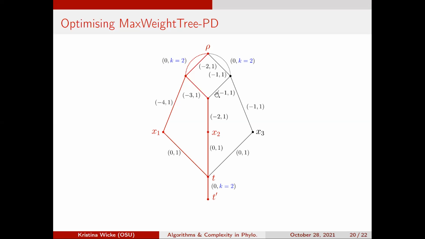And in particular, we can be sure that the flow induces a tree structure, because for each arc that goes out of a reticulation, we only have capacity 1. And this means that if you now think about this reticulation vertex, at most 1 edge will be used in a flow. If 2 were used, we would have 2 things coming in, but we can only have 1 thing going out.